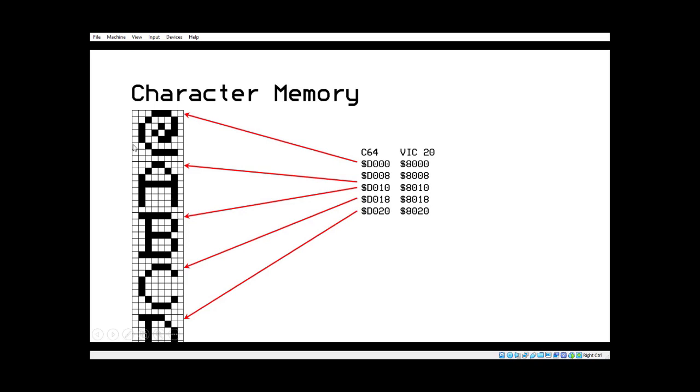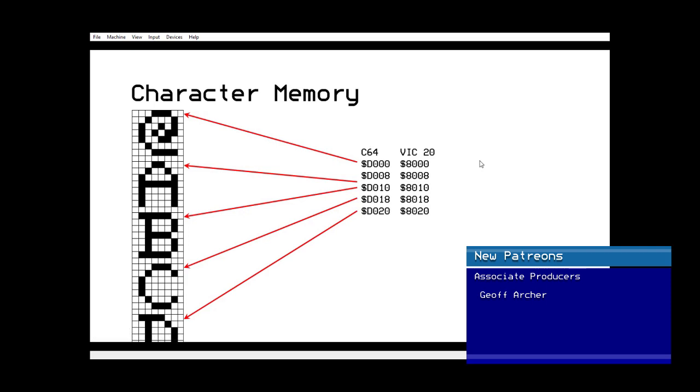So the @ sign is stored at D000, or 8000 on the VIC. The A character is at D008 or 8008, then B, and so on, and they're all stacked on top of each other, and it's easy to reference when you line them up vertically. It's dead easy. You can scroll them up and down and all that.